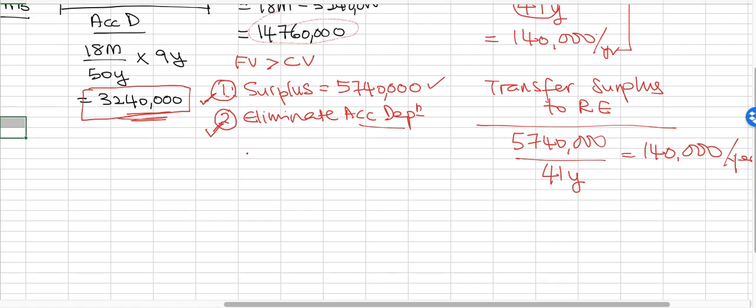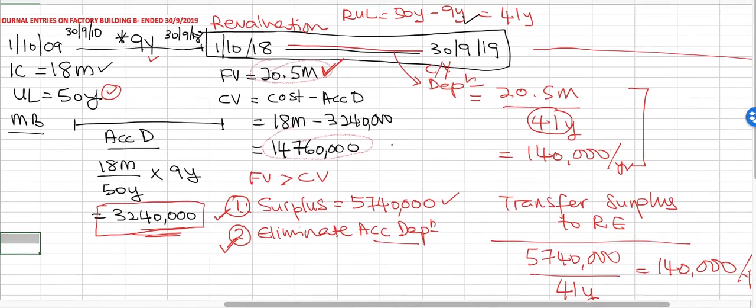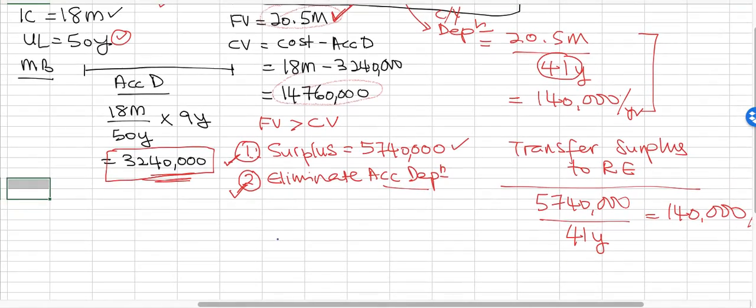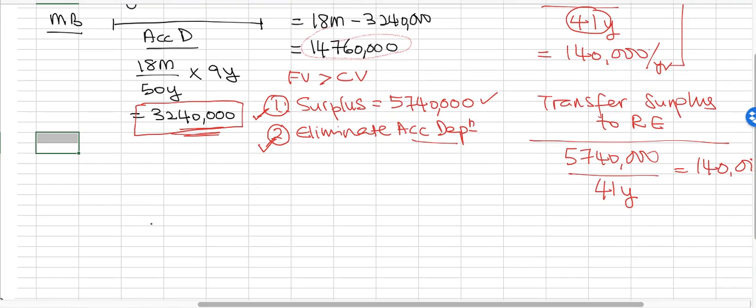The question asks for the journal entry for the year ended 30th September 19. So whatever transaction happened during this period, we need to prepare the journal entry. So the first one will be on the surplus.